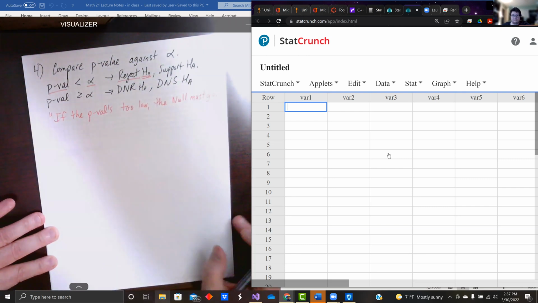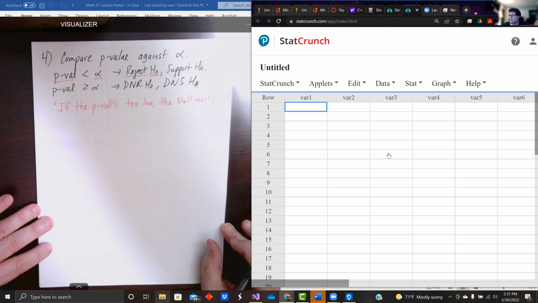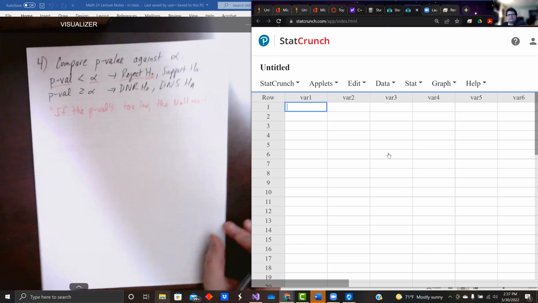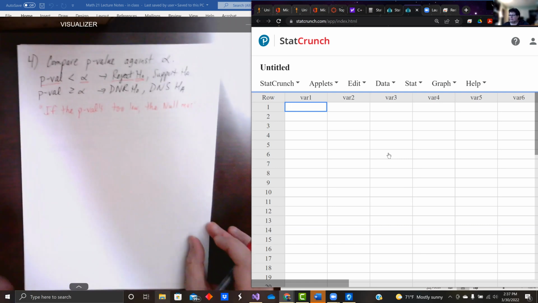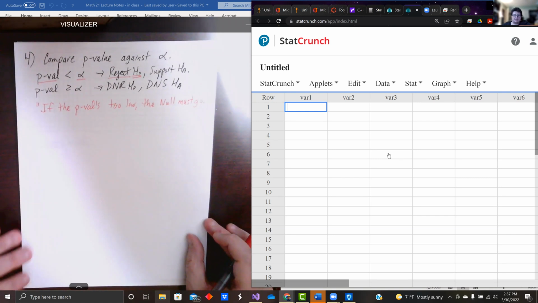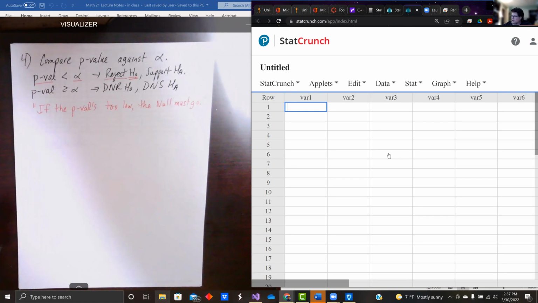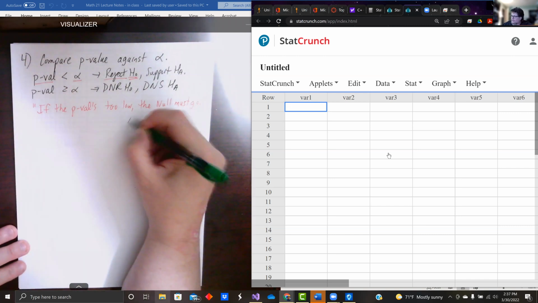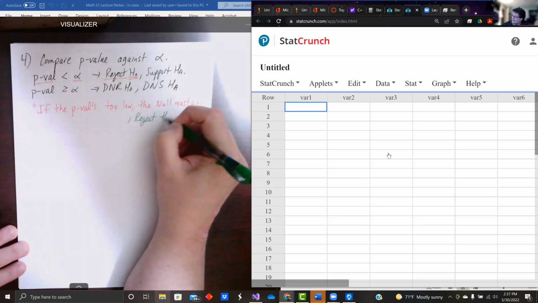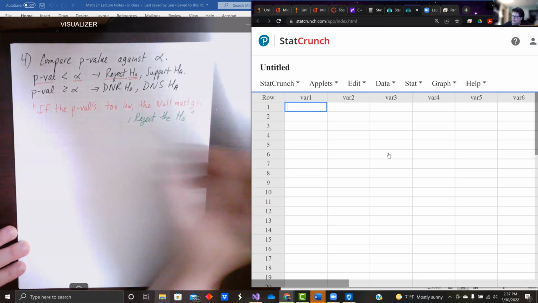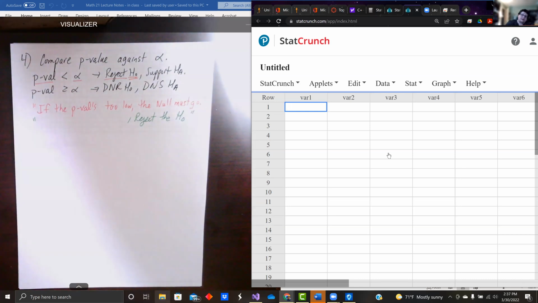We reject it. There we go. If the p-val is too low, the null must go. I like to say the same thing, but I tend to go with if the p-val is too low, reject the H-oh. It's got that same rhyming cadence to it. And it's really not ho, it's H0 or H naught, but I like it.